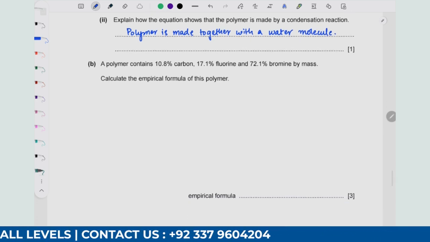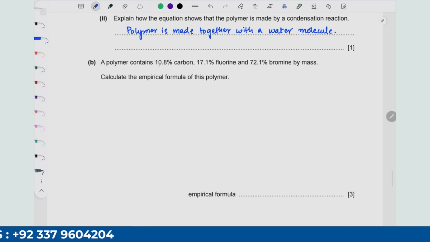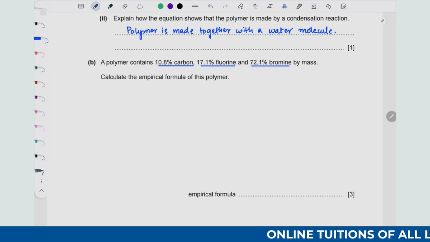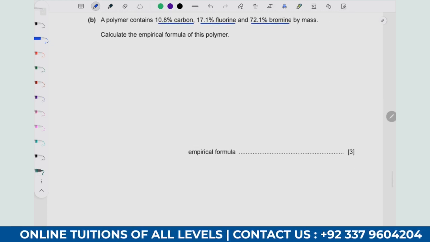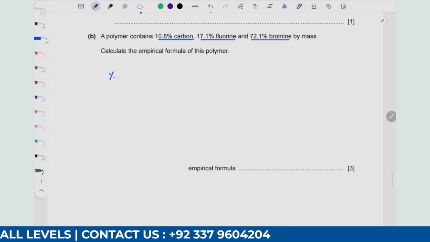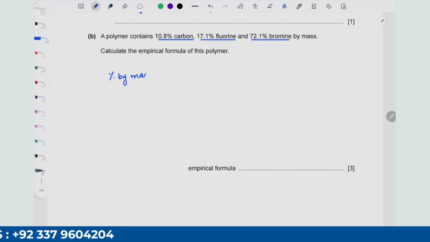Part B says a polymer contains 10.8% carbon, 17.1% fluorine, and 72.1% bromine by mass. Calculate the empirical formula of this polymer. To calculate the empirical formula, first of all, we know the percentage by mass of carbon, fluorine and bromine.